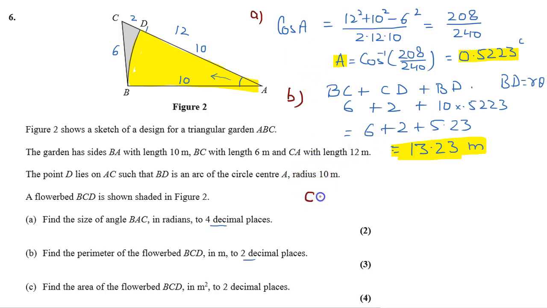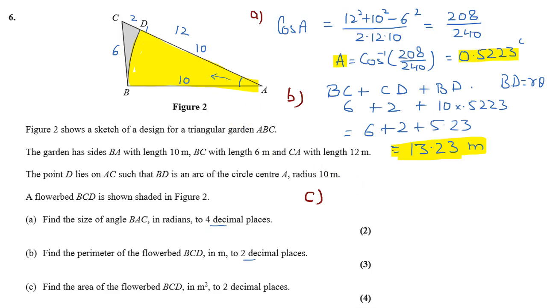Part C. Find the area of the flower bed BCD. To find this area, we have to calculate the area of the triangle minus the area of this sector.